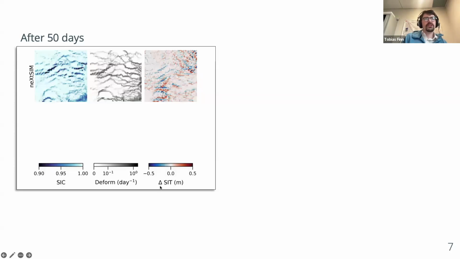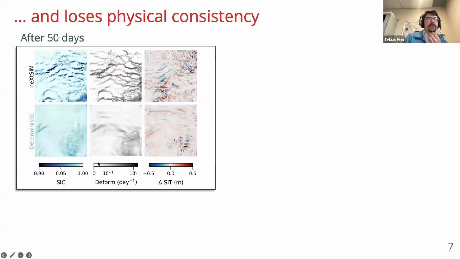And also this is the change in the sea ice thickness within 12 hours. And we can actually identify features that are common. So for example, if we have a deformation, if we have a convergence, this means that sea ice can increase there because of so-called ridging. If we now look into what the deterministic model says, then the deterministic model clearly loses any physical consistency because, as one can see here, these fields do not look at all like these fields in the top row.